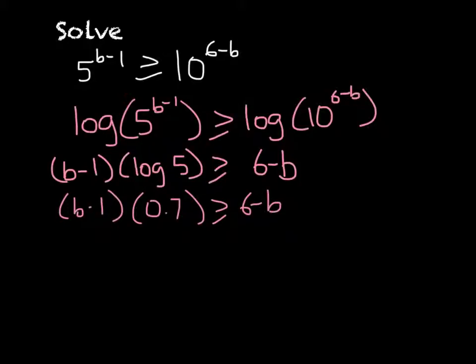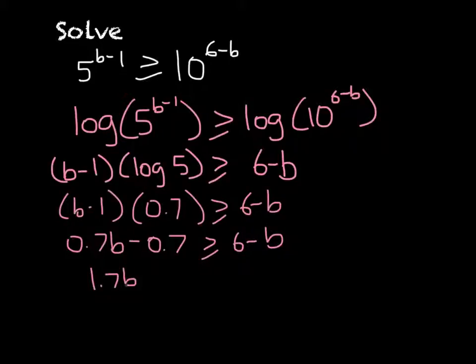Now we can distribute: 0.7b minus 0.7 is greater than or equal to 6 minus b. 1.7b is greater than or equal to 6.7. So b is greater than or equal to 6.7 divided by 1.7, or 3.94.